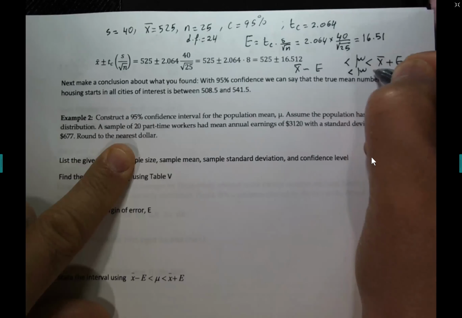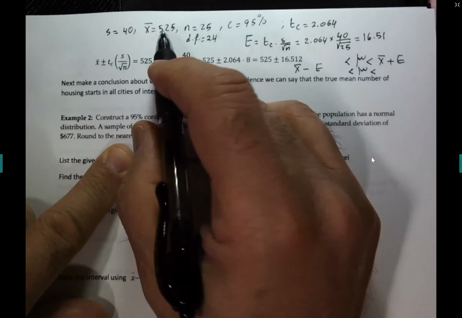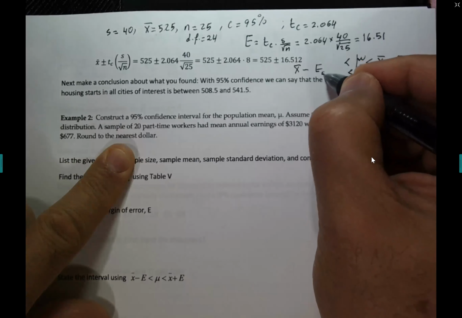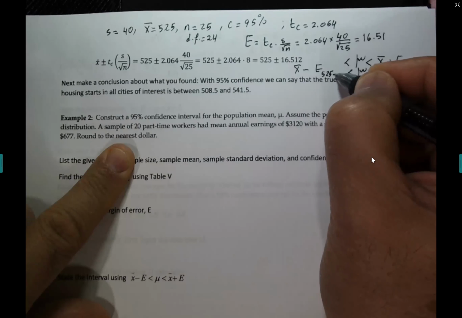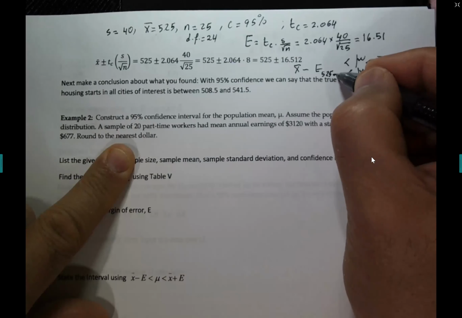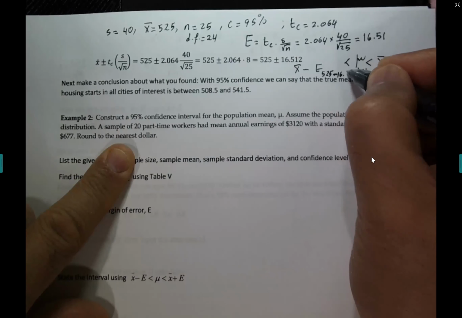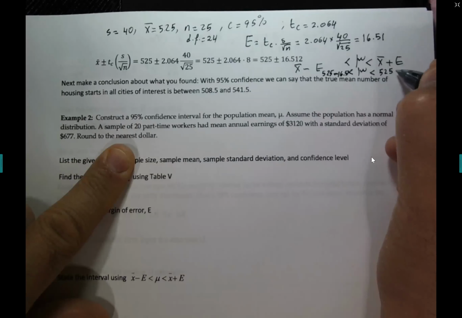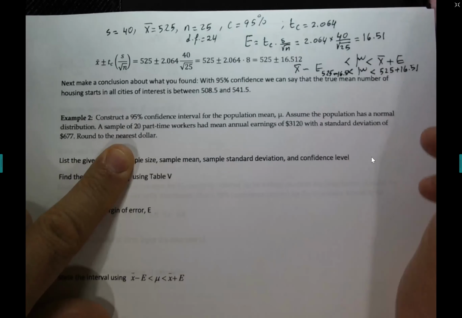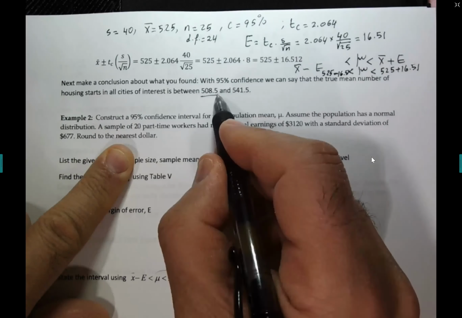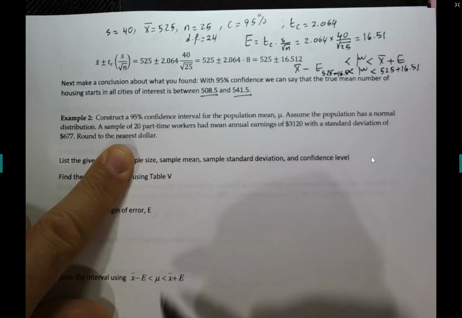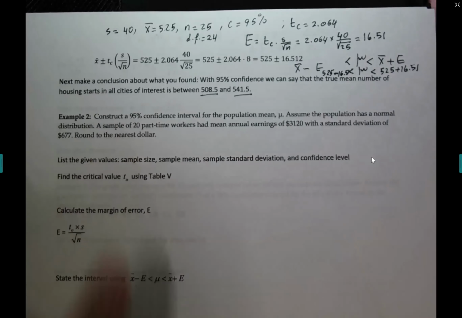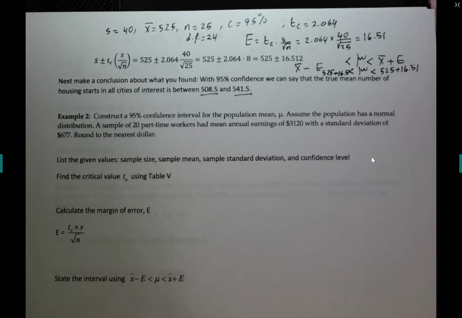X bar is 525, and then you minus the 16.51, and then 525 plus the 16.51, and you will get the values 508 and 541.5.